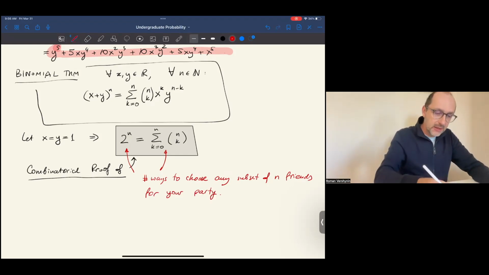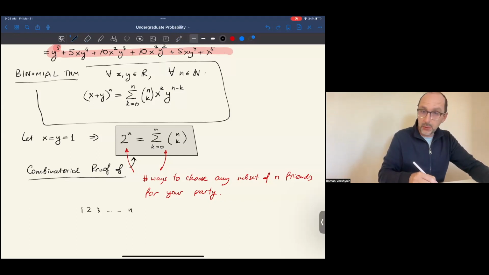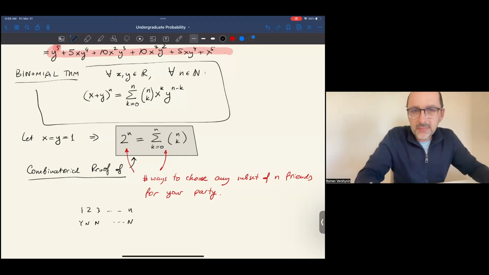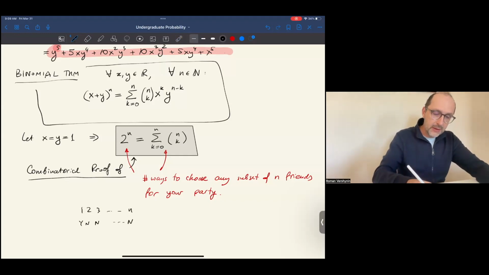Indeed, if you line up all of your n friends, 1, 2, 3, up to n, and you decide whether to invite each of them or not, without regard to how many, then the number of possible ways will be 2 to the n.